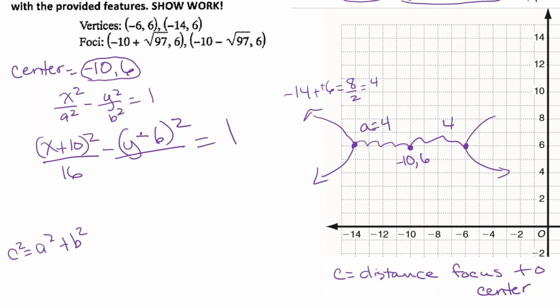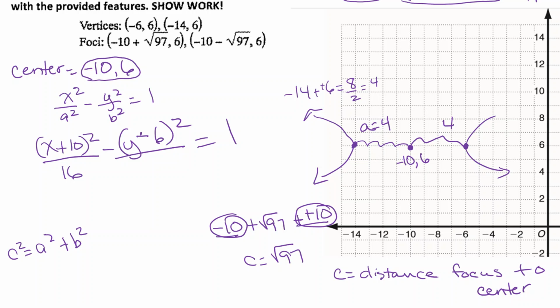All right, so I can just take my negative 10 plus square root of 97 minus negative 10. I'm just going to change that to plus the opposite. So I have negative 10 plus positive 10, that equals 0. So I see that c is going to equal square root of 97.